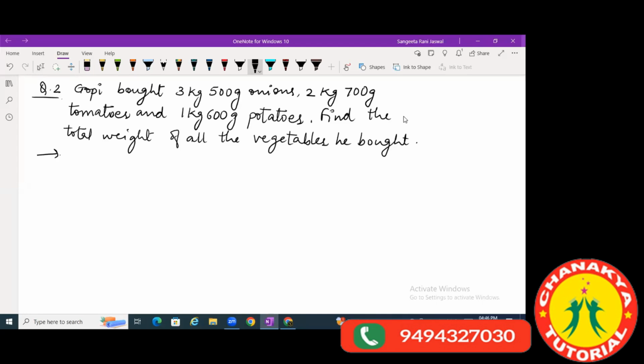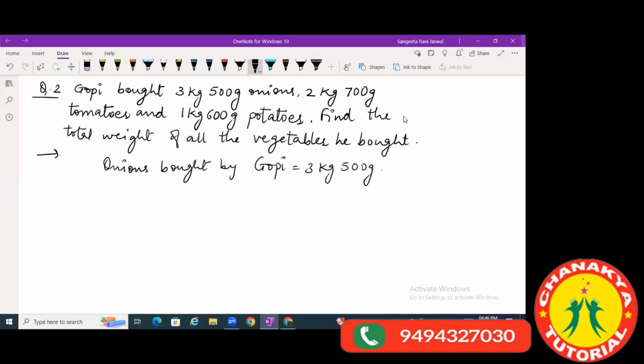Okay, Bhavesh, tell me what will be the first statement. Weight of onions bought by Gopi. So that's how much? 3 kg, 500 grams, right?